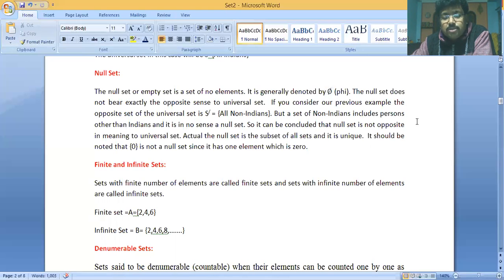It should be considered here: you should not think that the null set is the opposite of the universal set, because null set means there is no element in the set. If you consider our previous example, the opposite of the universal set, that is S prime, is all non-Indians.